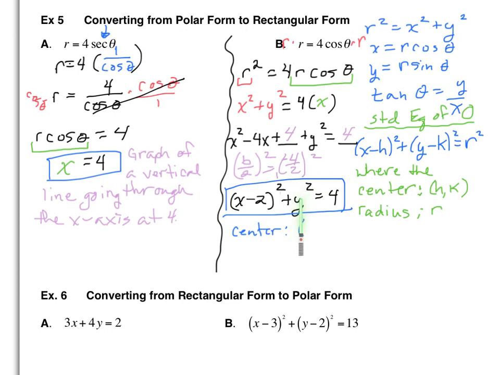If you had just a plain y squared or just a plain x squared, then that value is 0. So we're going to put here positive 2, comma 0. And so this is going to be a circle that has center at 2, 0. And what is the radius? 2. And you got that by taking the square root of 4, which is where you got the 2 from. And so we'll do this on your calculator in a minute.